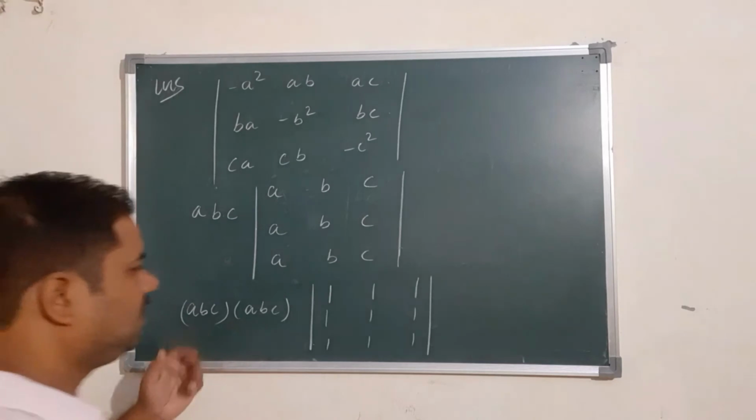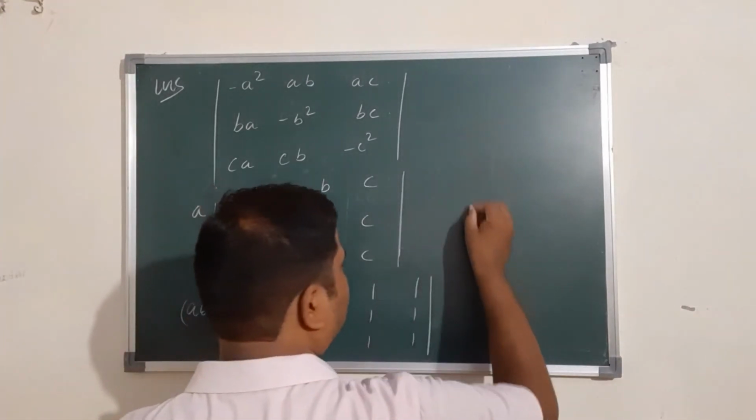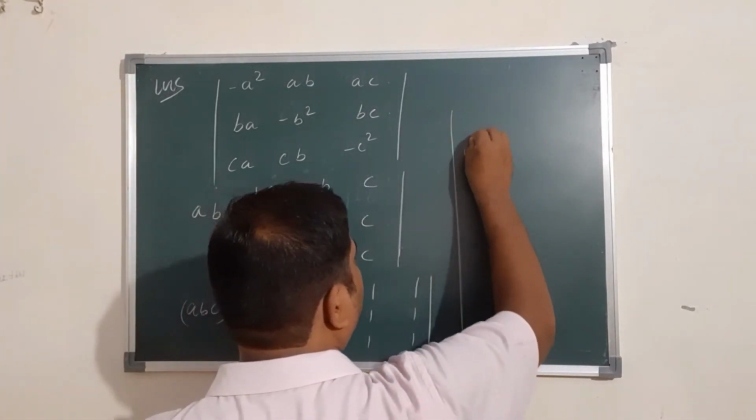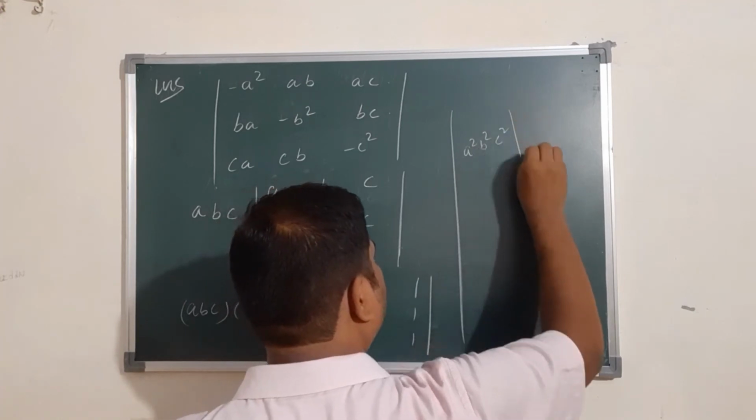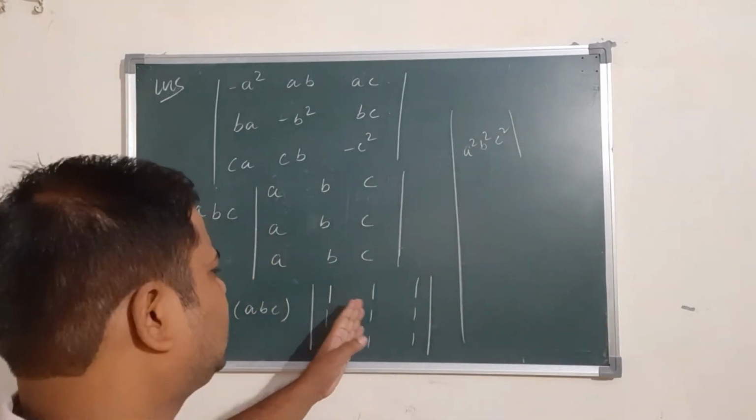Now this one is nothing but a square b square c square times this determinant, which we expand.